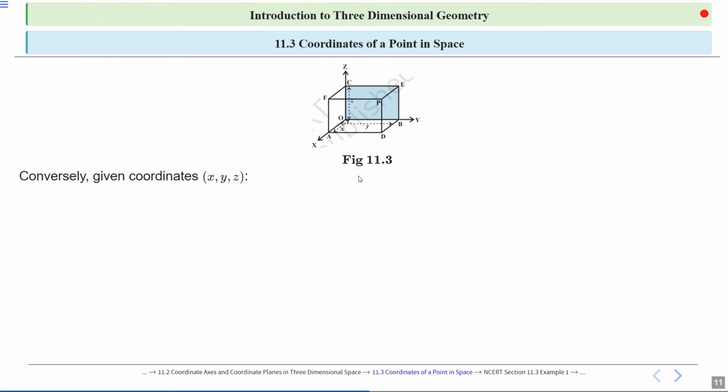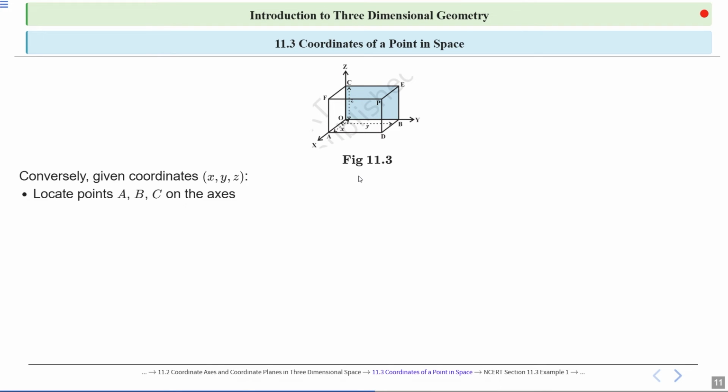Let's examine what happens when we are given coordinates like x, y, z. These numbers tell us exactly where a point is located in three-dimensional space. Our goal is to use these coordinates to find the position of a point, which we will call P.